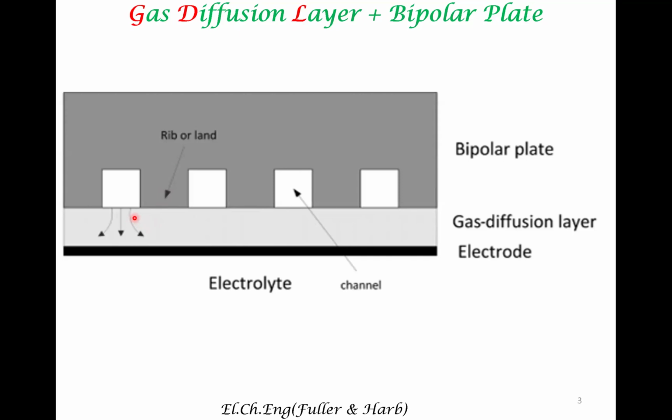One of the main purpose of the gas diffusion layer is that when you have a bipolar plate like this, the area underneath these regions should also be active, right? So if the gases come in like through these holes, the gases should be able to reach these places so that the entire electrode surface area is available for the electrochemical reaction.